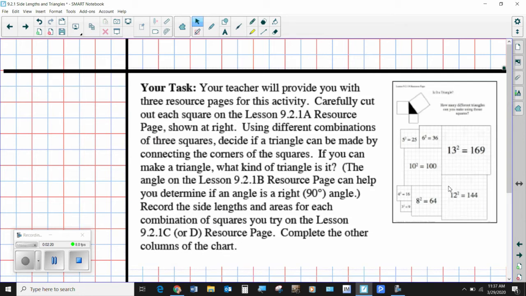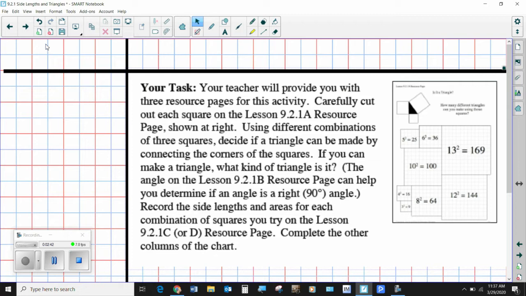This is a 12 by 12 square, so it has 144 in the middle. This is a 10 by 10, so it's got 100 squares in there, and so on and so forth. So first thing for you to do is to take this worksheet, print it off, and then use your scissors to cut out each one of these individual squares and just set them off to the side.